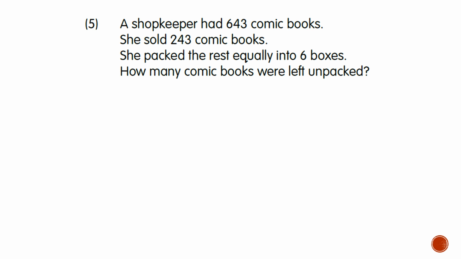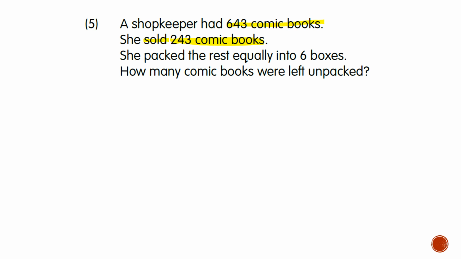A shopkeeper had 643 comic books. She sold 243 comic books. I think the word sold is very important. Take note, when you see the word sold, just think of minus. 643 is the given total and 243 is a part that's taken away.